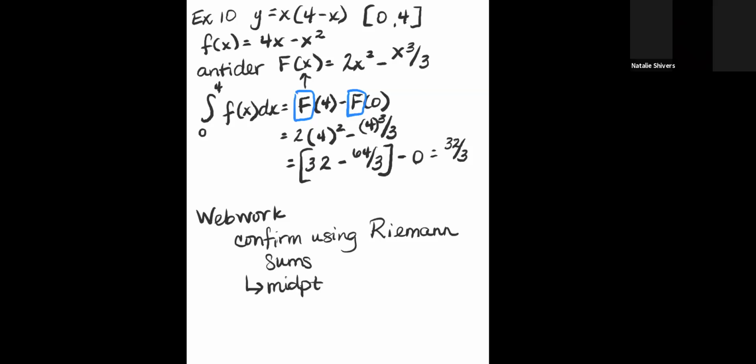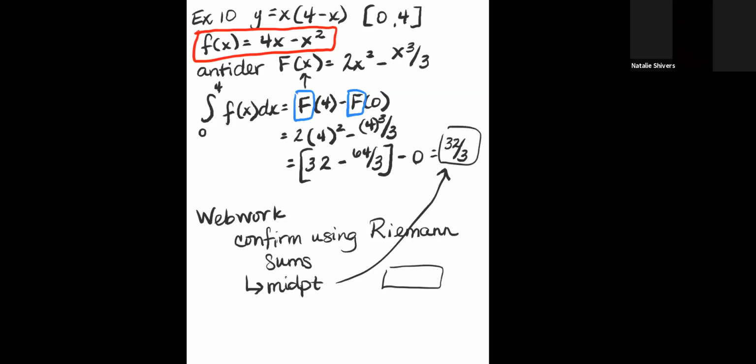You would then plug in the lowercase f of x function. And your answer should either match this one or be very, very close. Okay, so you would have a box for this, and then you'd have a box for the Riemann sums answer. Most of the time, they're going to be the same. There'll be a couple times where they're a little bit different.